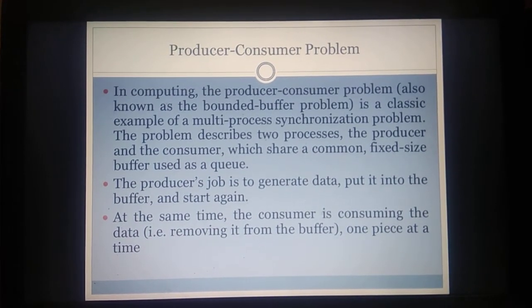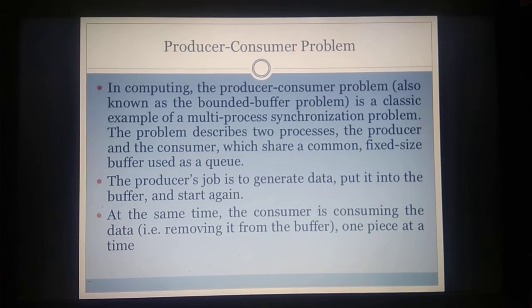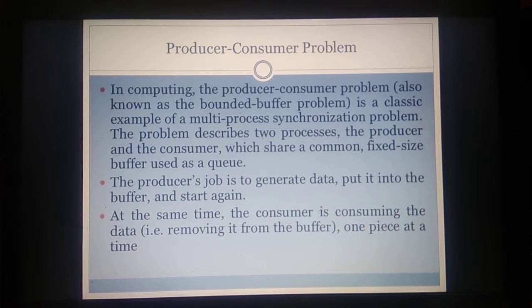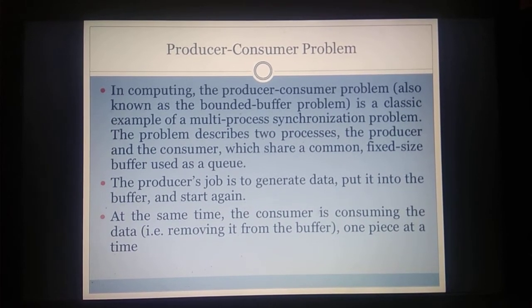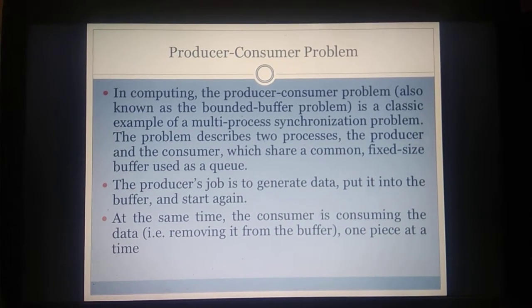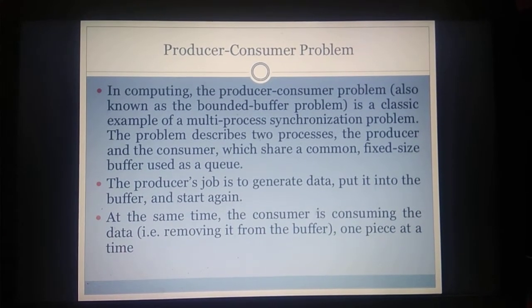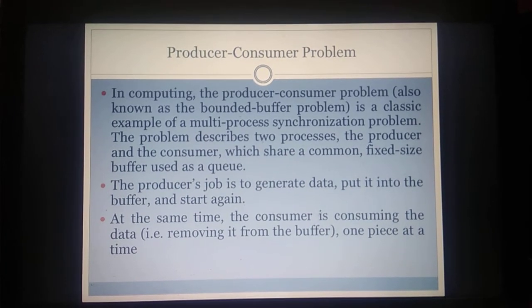We are using a fixed-size buffer, so that when the buffer is full, the producer has to wait. The producer thread will go to sleep or wait. When the buffer is empty, the consumer thread has to wait or go to sleep. So these are the conditions. The producer thread's job is to generate the data so that it will be filled in the buffer.